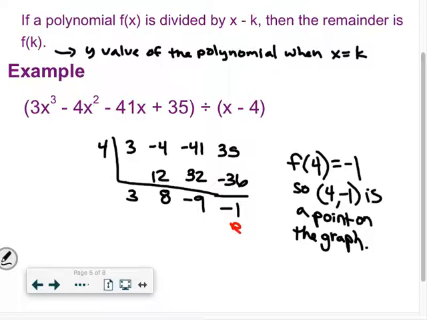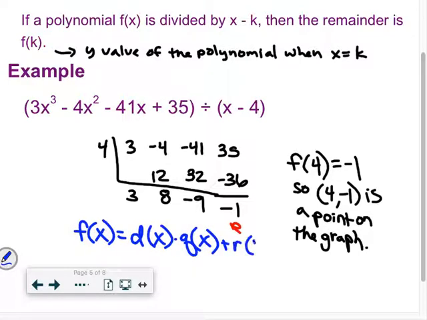Now, on a side note, I'm also going to take a quick minute to show you the division algorithm for this division problem. Remember the division algorithm is f of x equals d of x times q of x plus r of x. In this problem, that cubic polynomial is your f of x. That's the thing you were dividing, so that's your dividend.